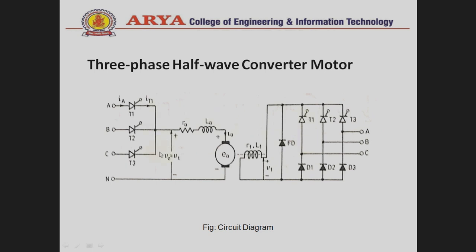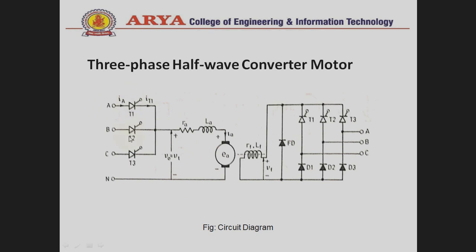In this particular motor, when thyristor T1 conducts, the output voltage is obtained through T1. When T1, T2 and T3 conduct, whichever phase has the highest output voltage, that voltage is obtained across the terminal.